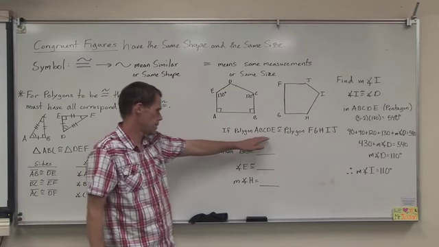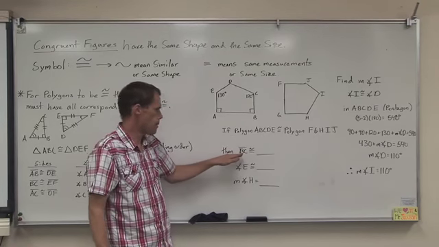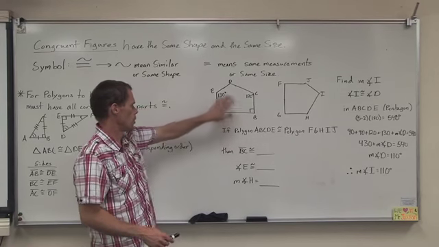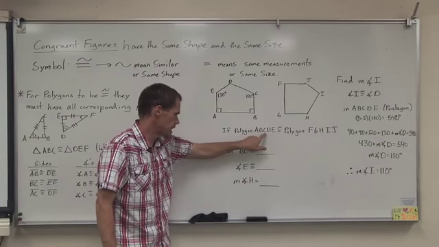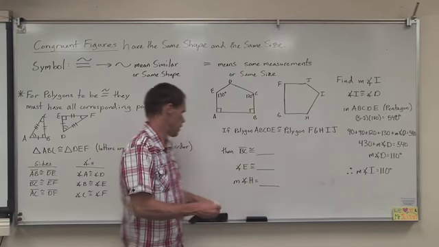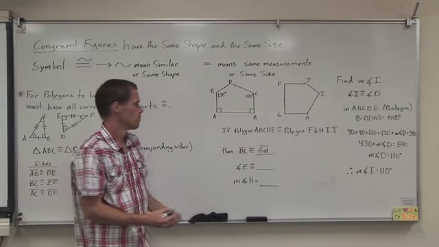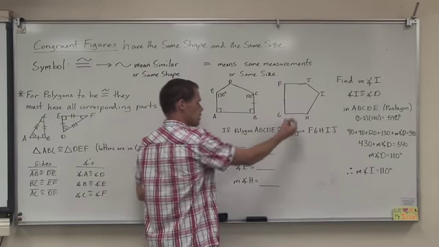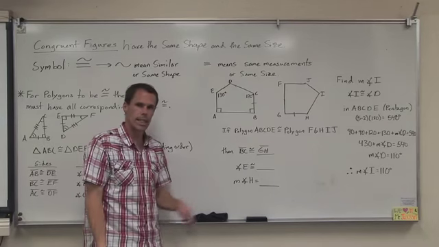All right, polygon ABCDE is congruent to FGHIJ. BC is congruent to what? Well, there are no congruent marks on here, but I'm told BC, right here, GH. Well, it must be GH. That is the corresponding order. I can go mark that. BC, GH.